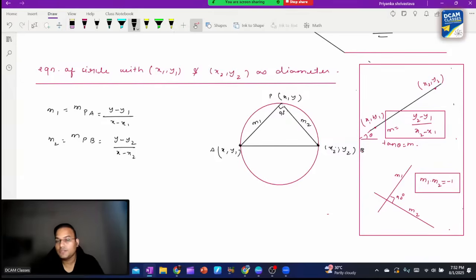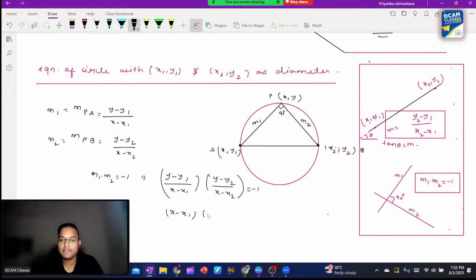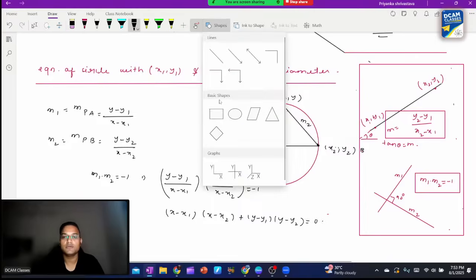Because these two lines are perpendicular, by a property of circle, the product m1 into m2 will be -1. So (y minus y1) by (x minus x1) into (y minus y2) by (x minus x2) equals -1, which gives (x minus x1) into (x minus x2) plus (y minus y1) into (y minus y2) equal to 0. This is how we get the equation of circle.